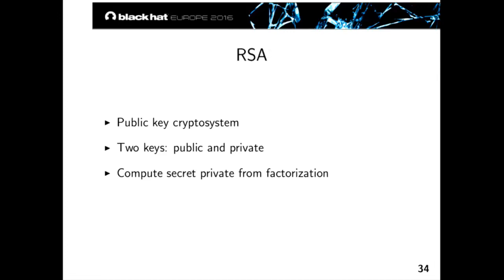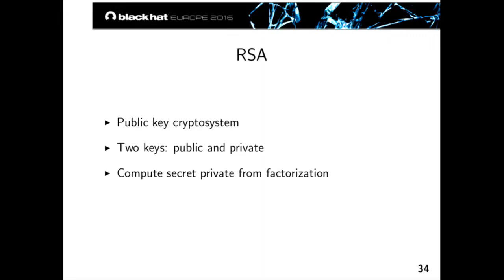Now RSA works using very big numbers. Let's say they're 2048-bit numbers, and you can compute the private key from a public key by knowing the public key's factorization. Of course, we normally don't know the factorization of 2000-bit numbers, but when we generate the key, we pick two very large primes and multiply them together, so we know the factorization of the public key, because that's how we generated it.